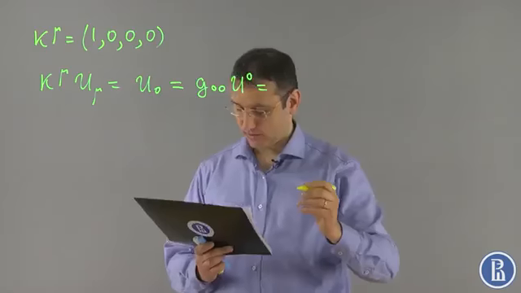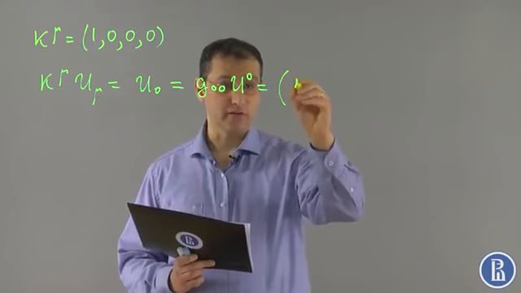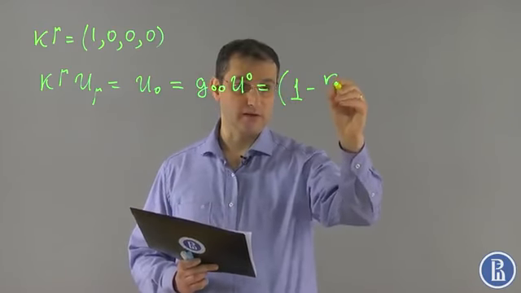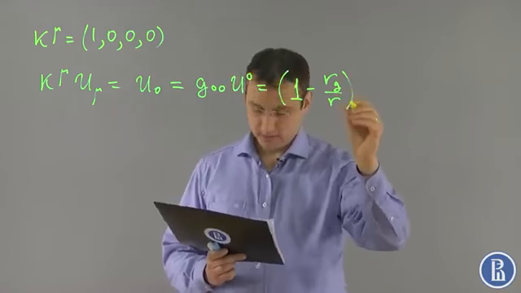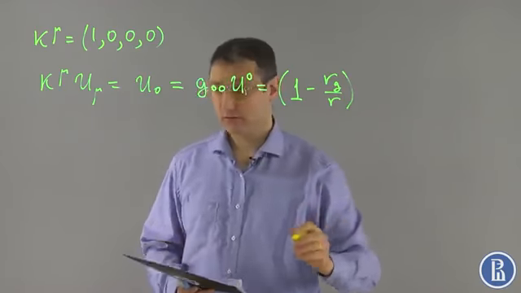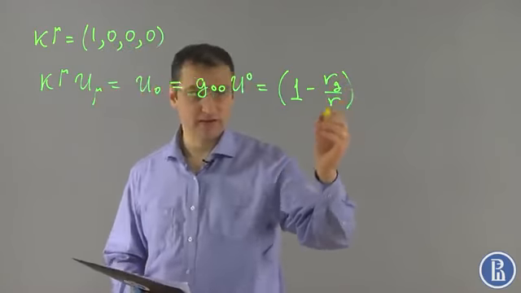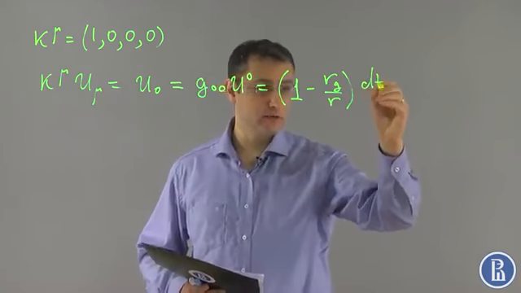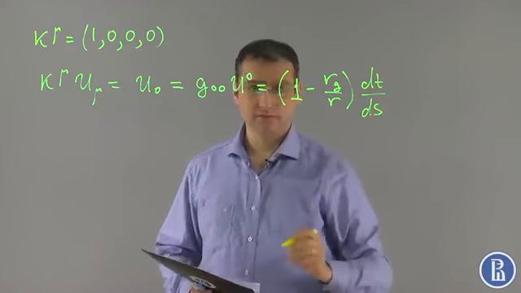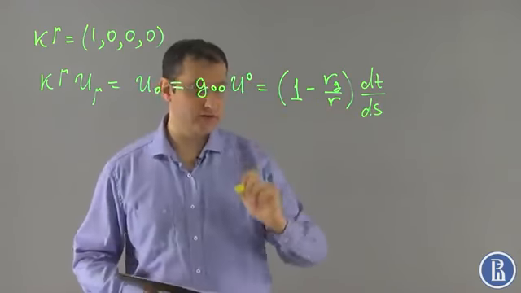Remembering what the g_00 component of the Schwarzschild metric is, this is just 1 minus r_g divided by r, times u^0, which I remind you, in these coordinates, is dt over ds. So this is u^0 and this is g_00.